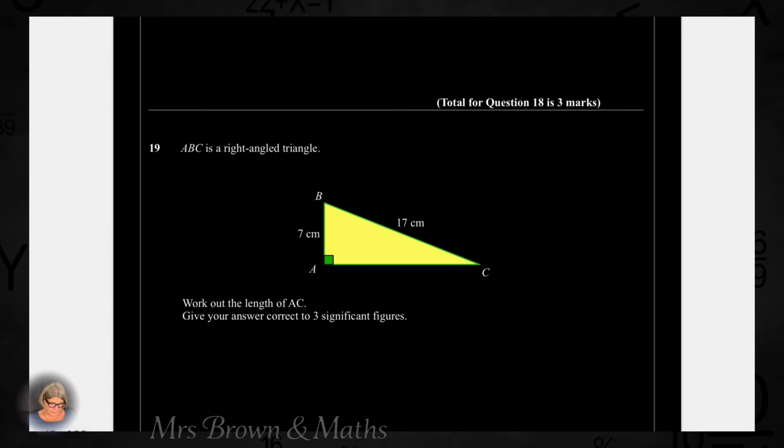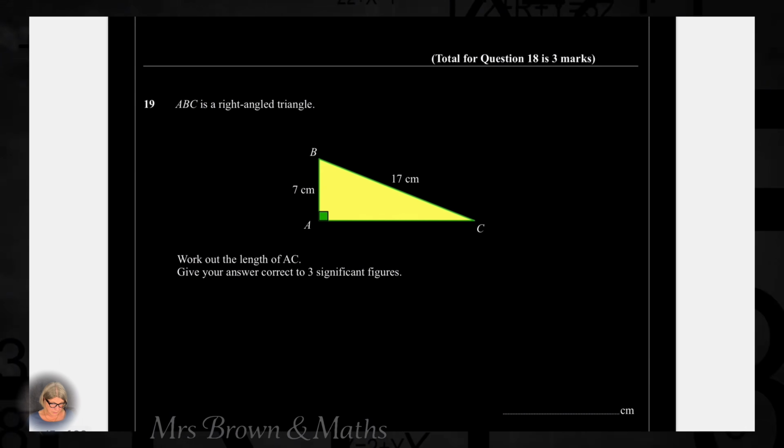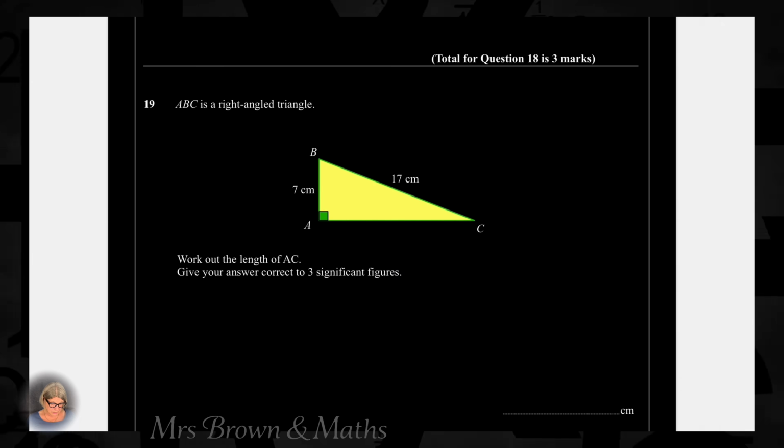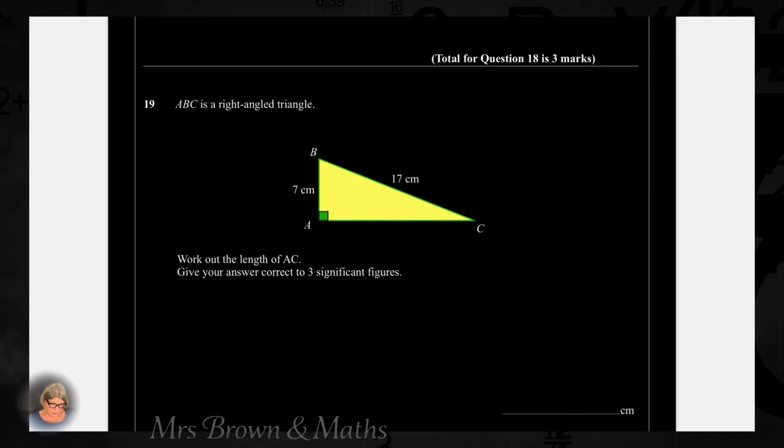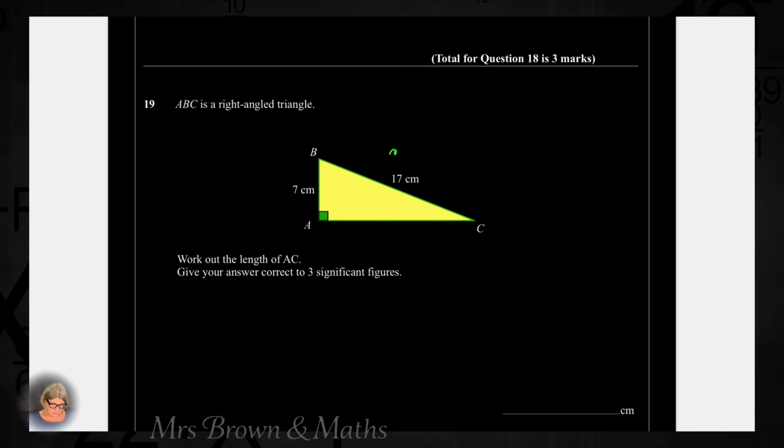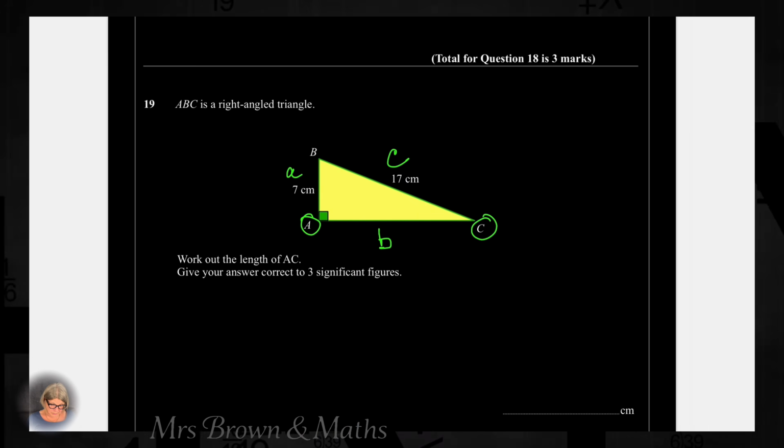Right, Pythagoras. Right, ABC is a right angle, so that is the hypotenuse, opposite the right angle, so that is C. This side I will call A, this side I will call B. Right, work out the length of AC. Okay, so we don't know B. Do you remember Pythagoras?